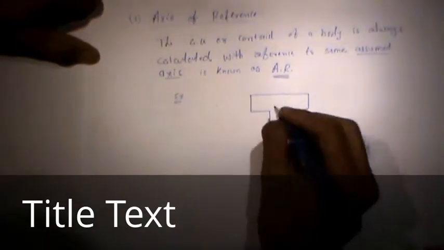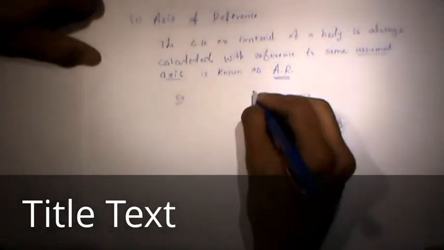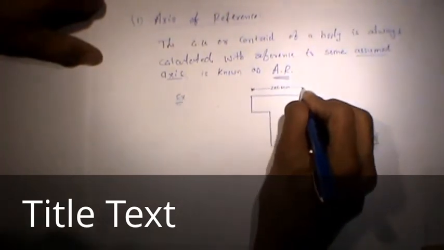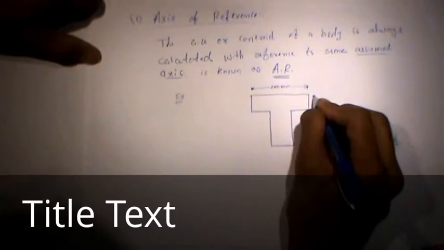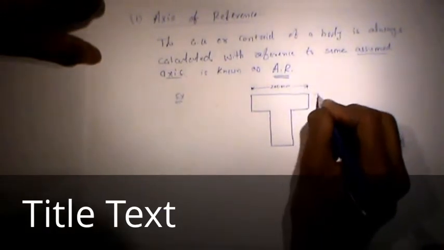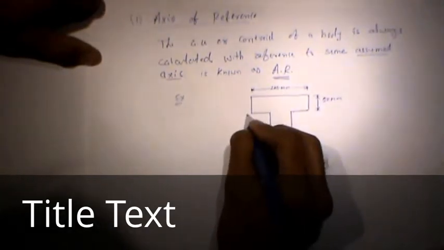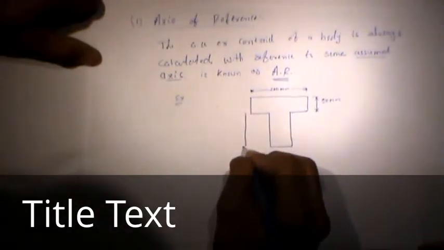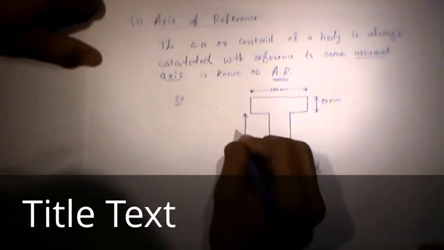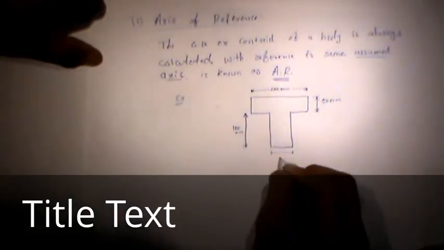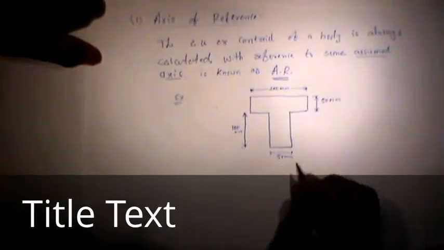Suppose we have one T section, and suppose this width is 200 mm, the depth of this flange is 50 mm, the depth of the web is 100 mm, and the width is 50 mm.